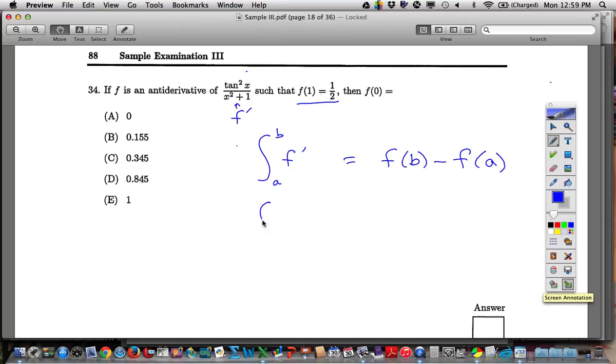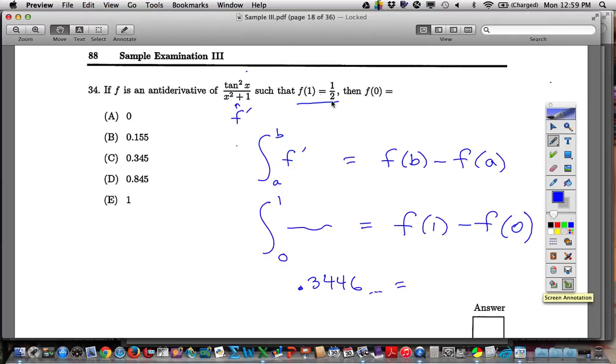So, in this problem, we're going to take that function right there, whatever that is. 0 and 1 are really good choices because that's going to give you f of 1 minus f of 0. Now we can do this on our calculator. I think it comes out 0.3446 something.